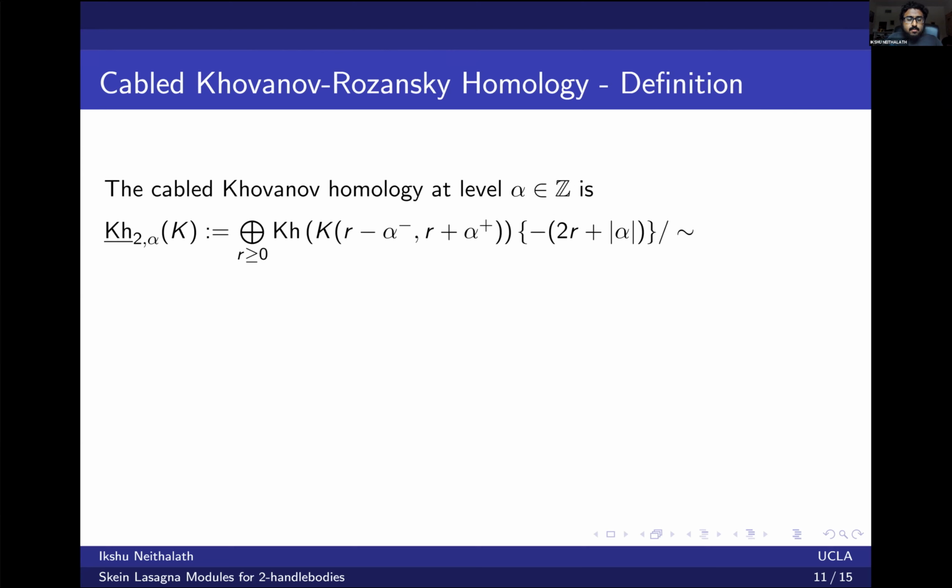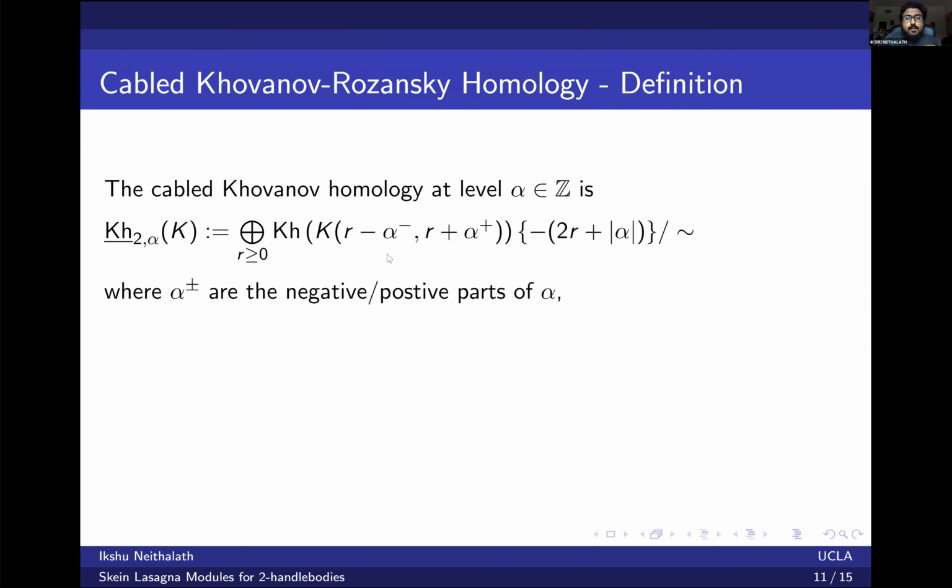So, okay, here's the start of the definition. Again, we're only considering capital N equals 2. That's why there's a subscript 2 here. Again, just for simplicity. And that's why I'm writing just Khovanov homology, not Khovanov-Rozansky. So essentially, this is just the direct sum of the Khovanov homology groups of an infinite family of cables. So as R increases, you can see that we add an extra strand in both directions to our cable.